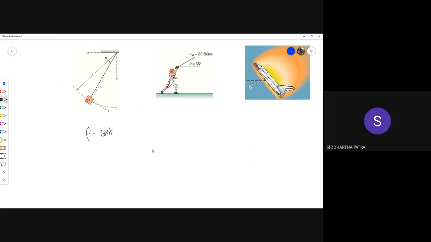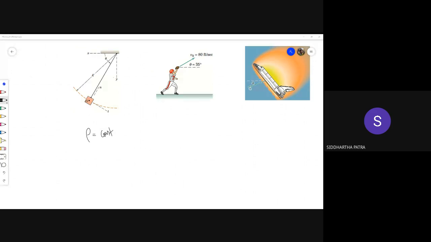The radius of curvature is constant, and this is the problem statement.